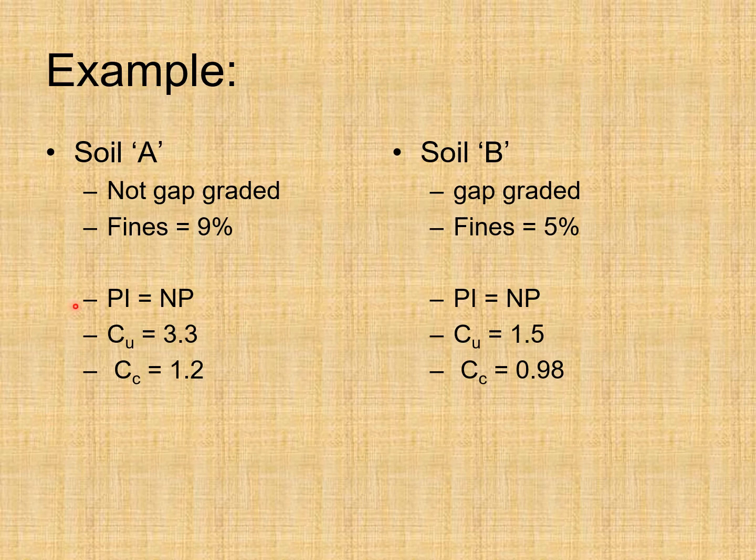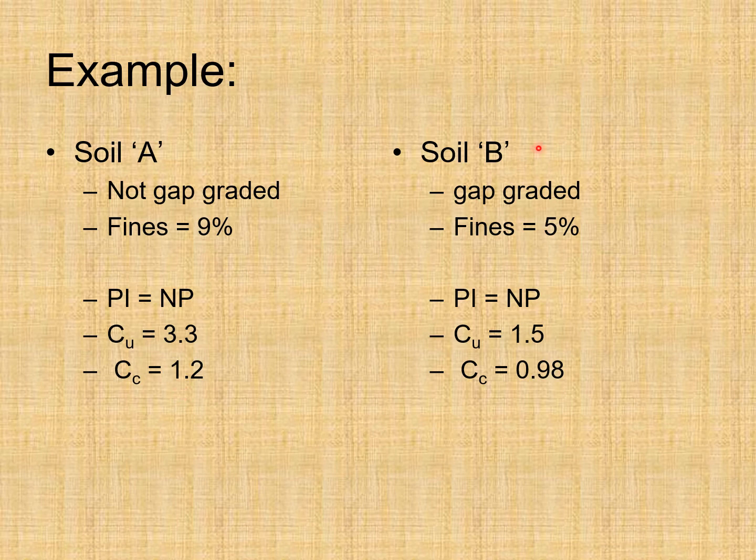So considering soil A and soil B, soil A is not gap graded, fines are 9%, plasticity index is mentioned as non-plastic, coefficient of uniformity is 3.3, and Cc is 1.2.